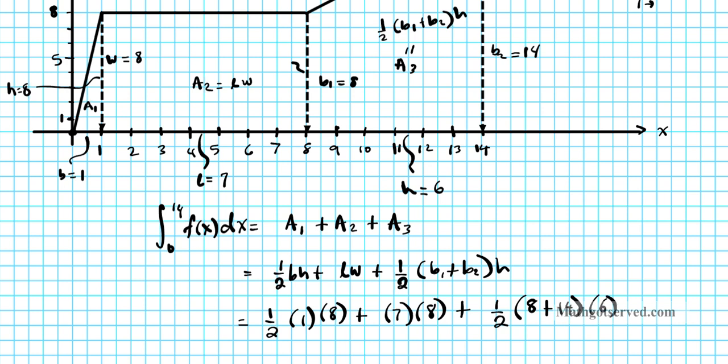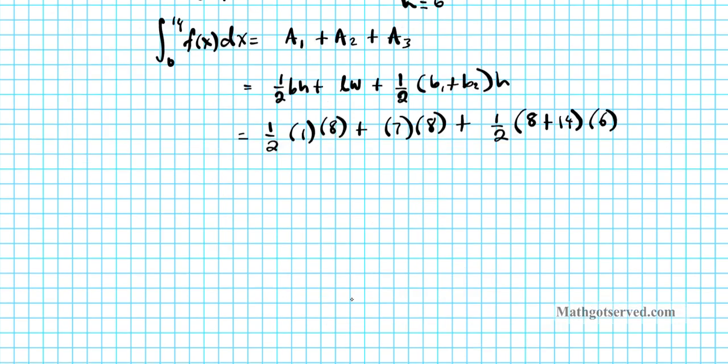Now let's compute this. This is going to be 4 plus 56, plus 8 plus 14 is 22, divided by 2 is 11, times 6 is 66. Add the whole thing, you get 126. All right, so this is your area.